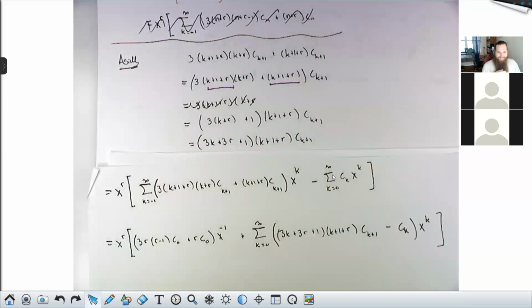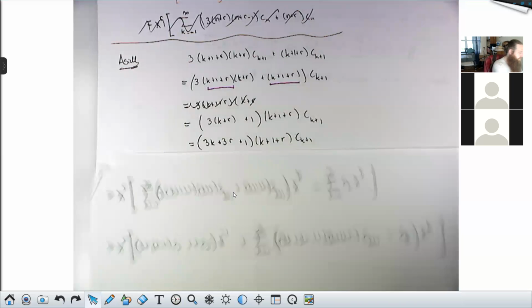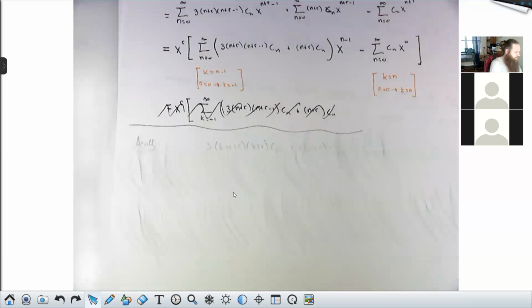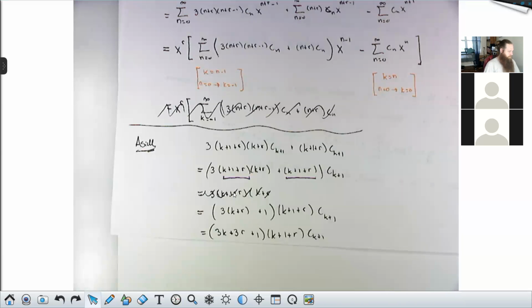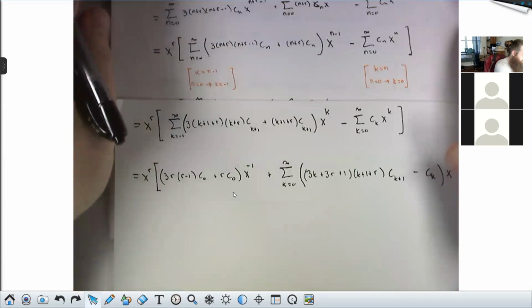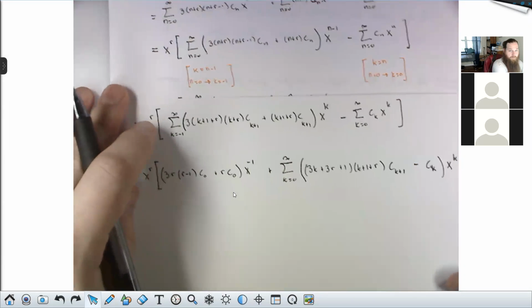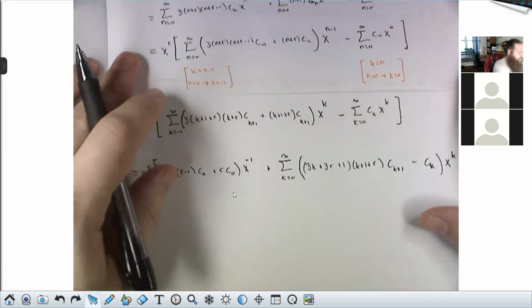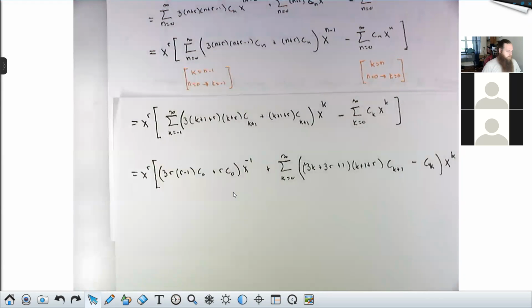Whew. So, what needs to be true? If this whole apparatus is going to be 0, then first you could divide over by the x to the r. The x to the r isn't really consequential.